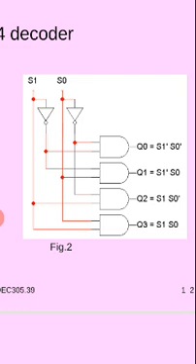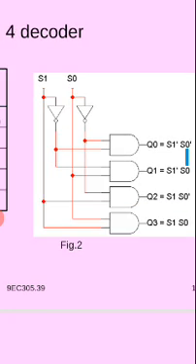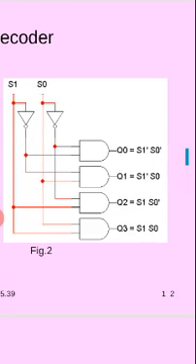For Q0 output, Q0 should be equal to S1 dash S0 dash, that means complement. Hence, it is taken from the NOT gates. For Q1, it is S1 dash and S0.